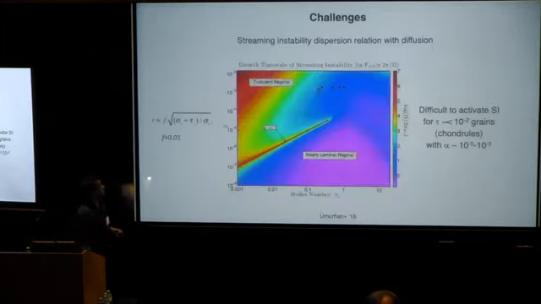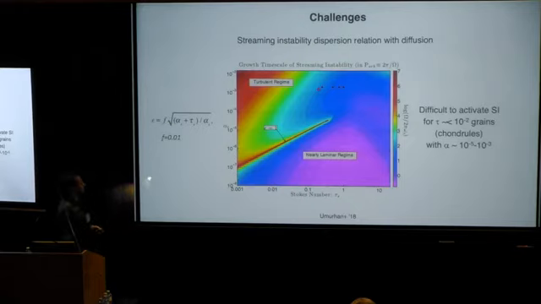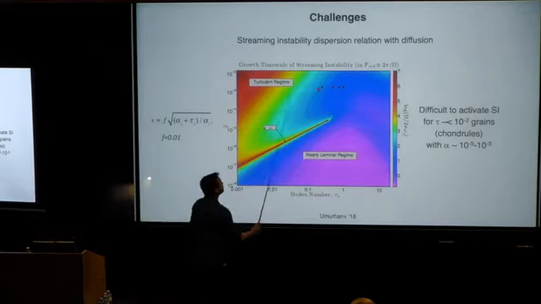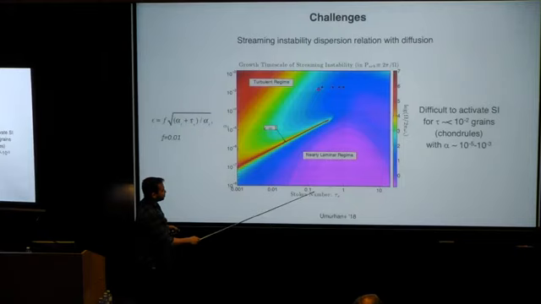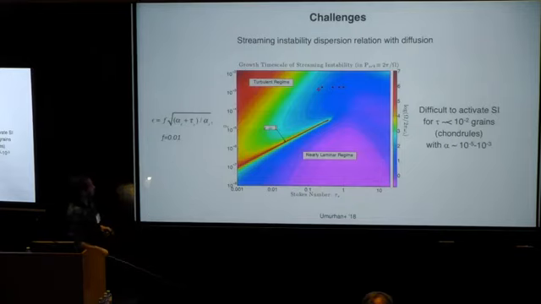Another point here to make the problem even worse, Oryan calculated the dispersion relationship of the streaming instability, including diffusion, which for large grains will not matter much, but as you go into alpha values that are higher, you end up seeing that the growth rates become very small, so it takes a long time for the instability to kick in.